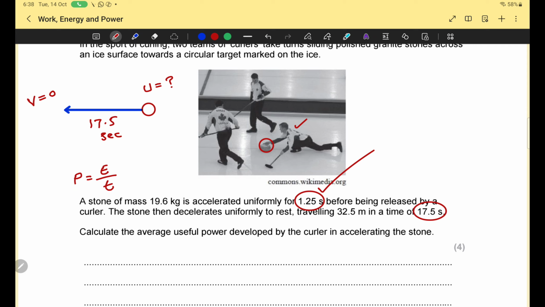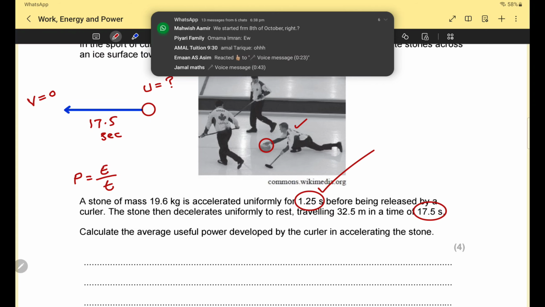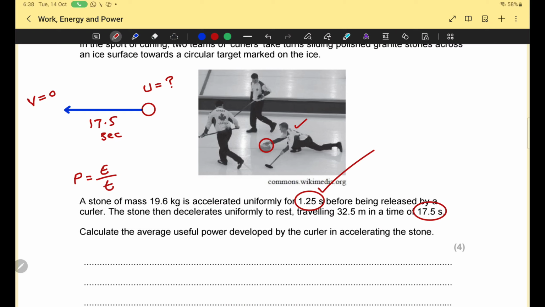This is the time in which the curler moving the stone is producing acceleration, and after producing acceleration he released it. When he released, by pushing, by acceleration, the stone begins to decelerate, and the deceleration time is 17.5 seconds.